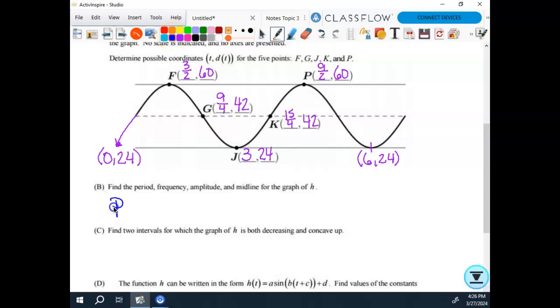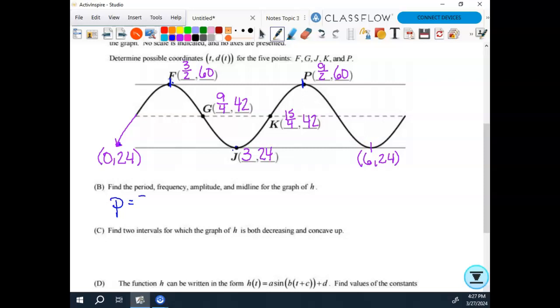So the period here, the period goes from, so we can say it goes from 3/2 to 9/2, right? So 3/2 to 9/2, I can look at it that way, or 0 to 3, right? I mean, we figured out the period already because it takes 3 seconds to go all the way up and all the way down, so you don't have to make it complicated with this right here.